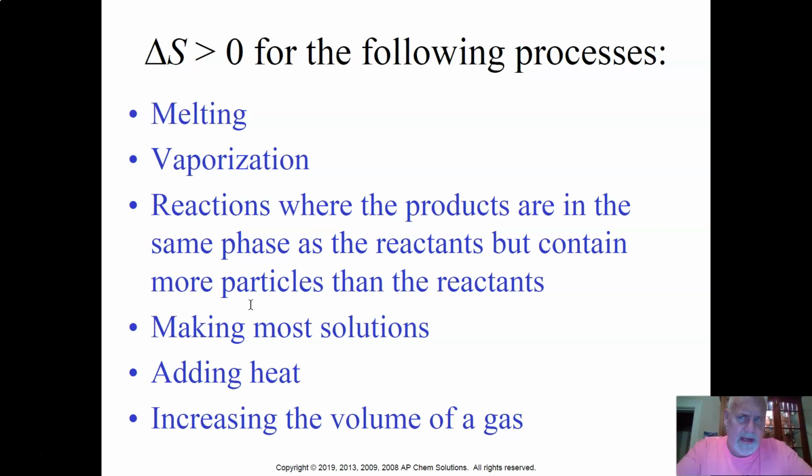Now those two processes, if you think about melting, you have a solid going to a liquid, and this second one is more random, so that's an increase. Vaporization, certainly you have molecules in the liquid form breaking free and going to gases, and then they're all over the place. So that's important. So you're going to highlight those first two things.